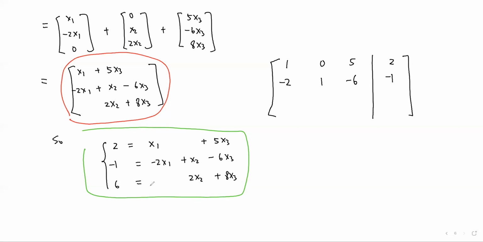The third equation: coefficient 0 times x1, so 0, 2, 8, and the right hand side. This is an augmented matrix of the linear system.